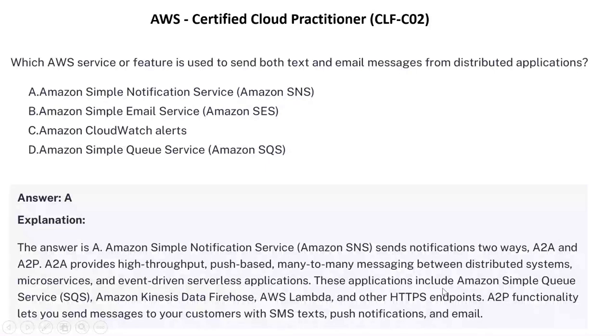These applications include Amazon Simple Queue Service, Amazon Kinesis Data Firehose, AWS Lambda, and other HTTPS endpoints. A2P functionality lets you send messages to your customers with SMS text, push notifications, and email.